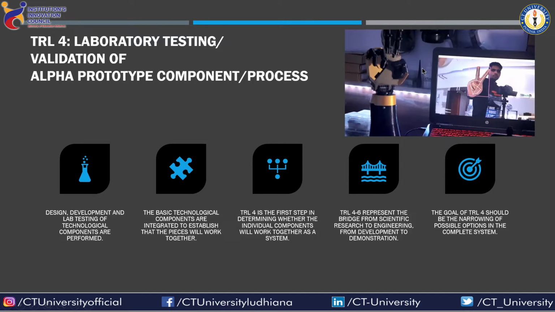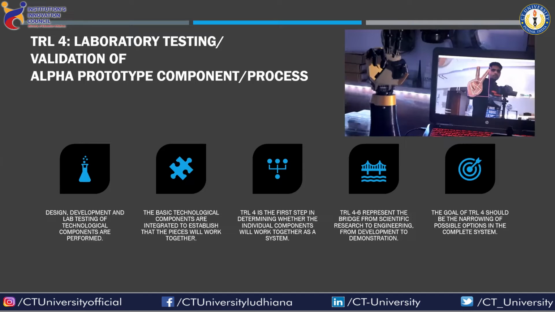But yes, it is validating the proof of concept through the breadboard, and after that, it is validated with some basic design in the lab. So in the laboratory environment, it is working fine. And this is basically the TRL level 4 part. Most of the projects built by students are at the level of TRL level 4.